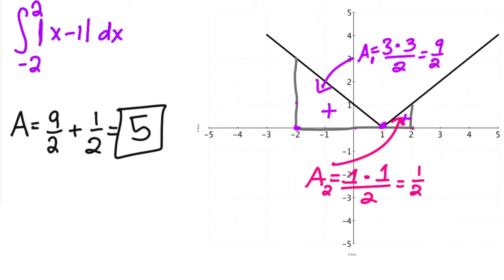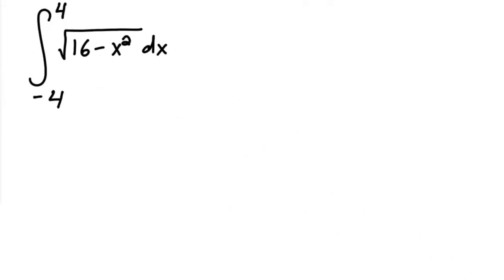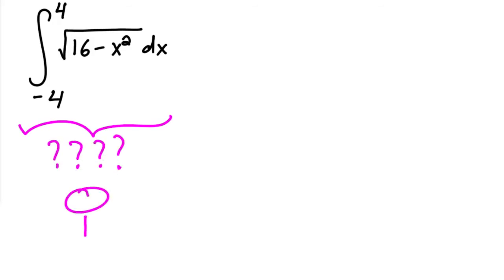Let's do another one. Okay, so this integral from -4 to 4 of the square root of 16 minus x squared, when you first look at this, you go, whoa, this is crazy. I don't know what this is.